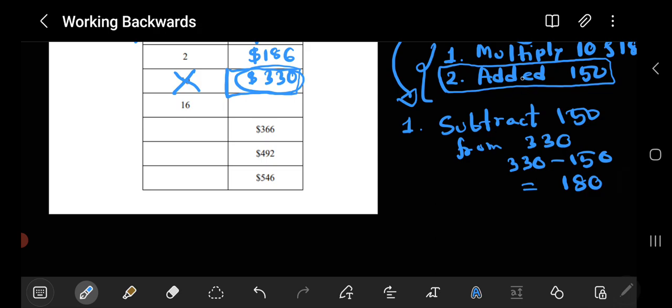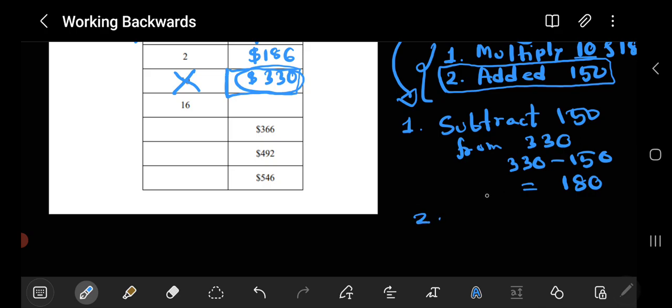Now if you look at the first thing, we multiplied 10 and 18 to get 180. So in order to figure out how many smartphones were sold, we are looking at the number 10. To get that 10, instead of multiplying, you have to do the opposite operation.